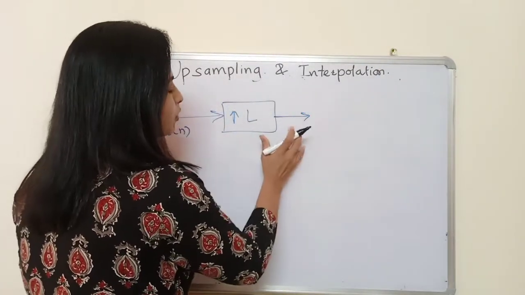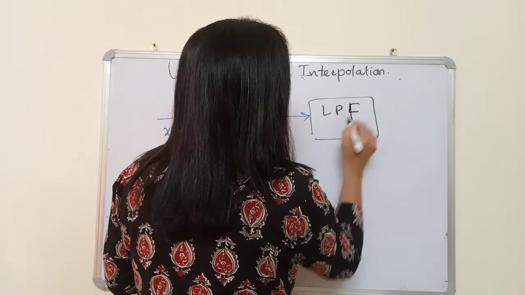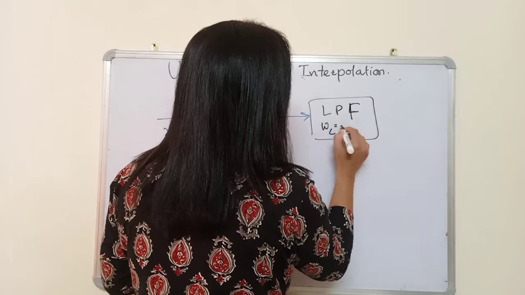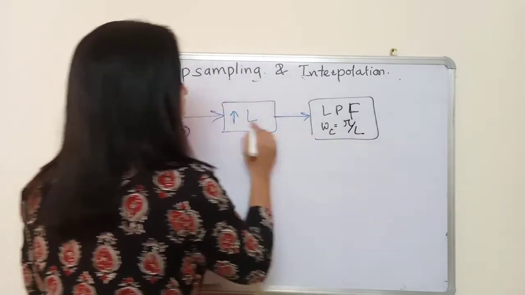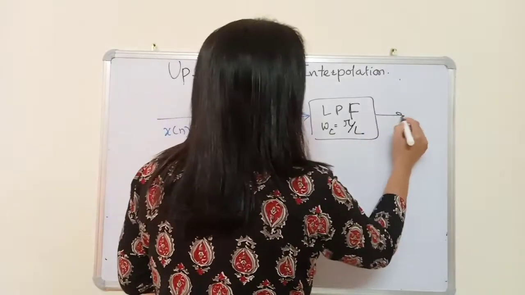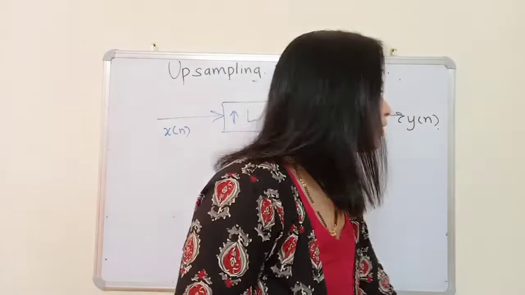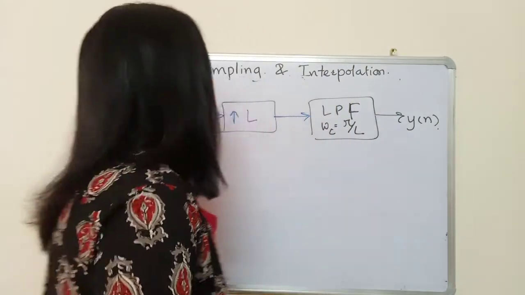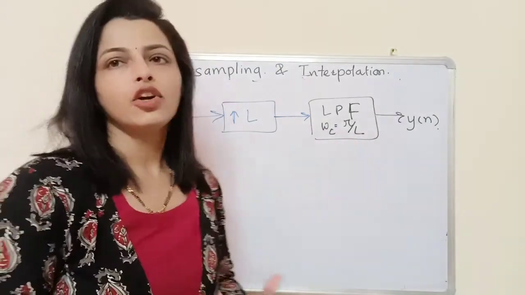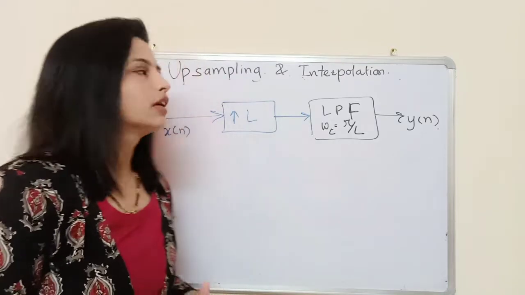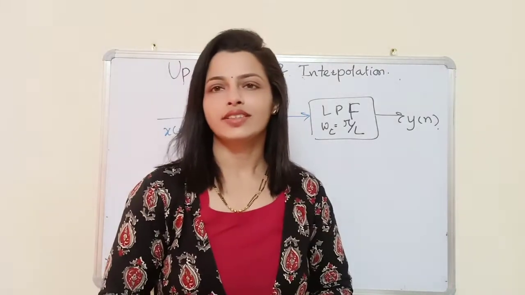So at this point images will occur. We use a low pass filter of cutoff frequency pi by L, where L is the upsampling factor. Here is the final output signal y of n, which is the interpolated signal. We use this low pass filter to get rid of the extra images that come into the picture because of upsampling. Thank you.